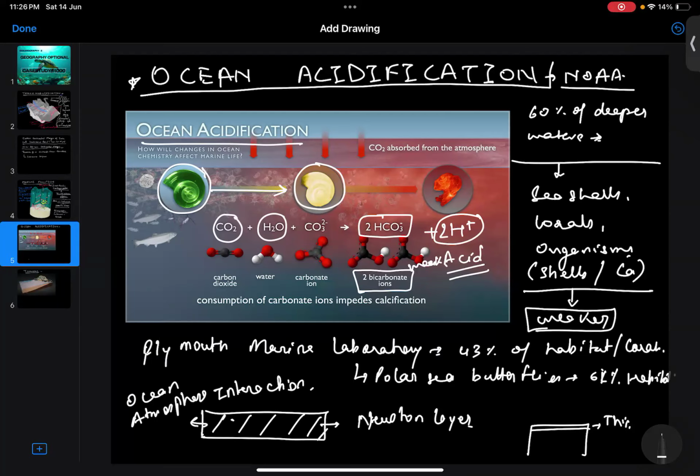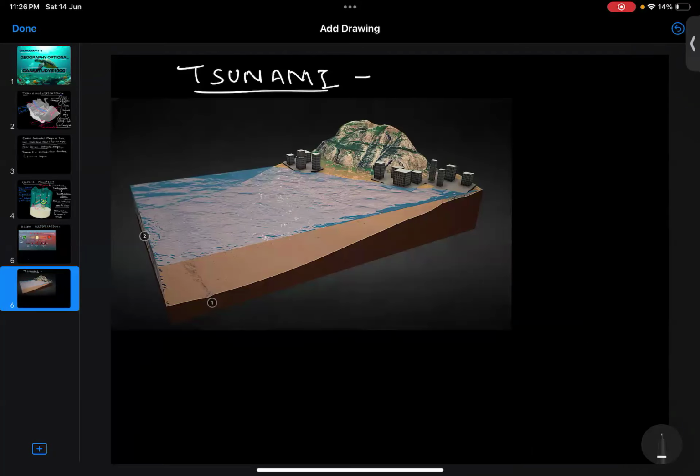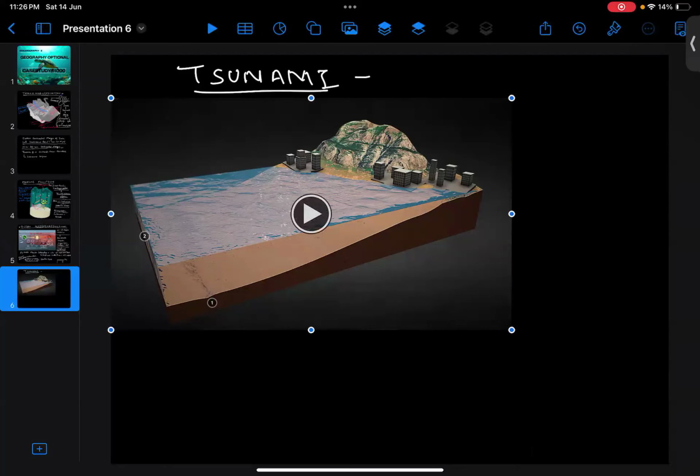Now, the next topic here is with respect to tsunami. How a tsunami is generated, we can see from this particular video. Here we see that there is formation of a fault, and after the formation of the fault, this particular plate is subsided. Now look at the video.